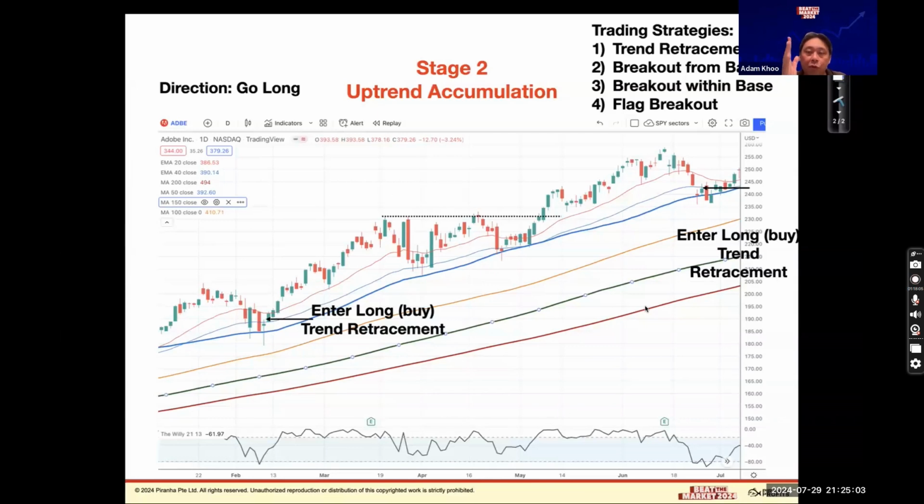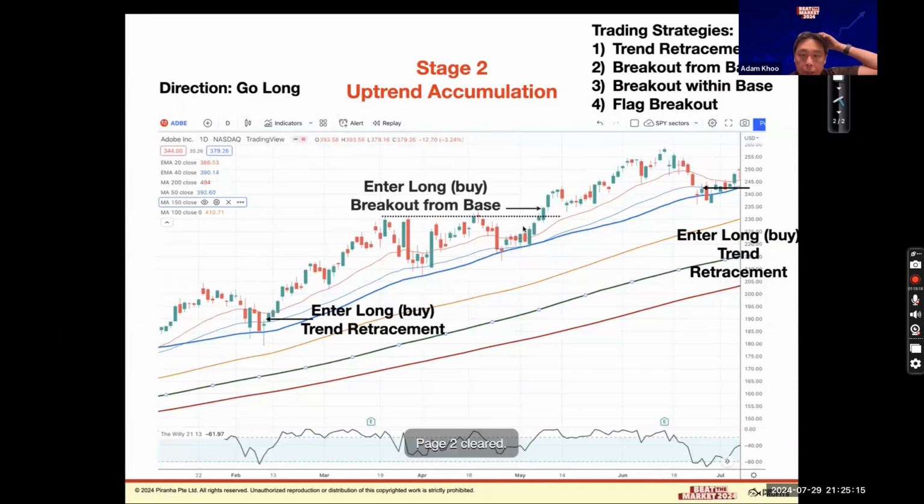So hitting a moving average itself is not good enough. It must hit a moving average plus a strong support level. I'll give you some examples later on.